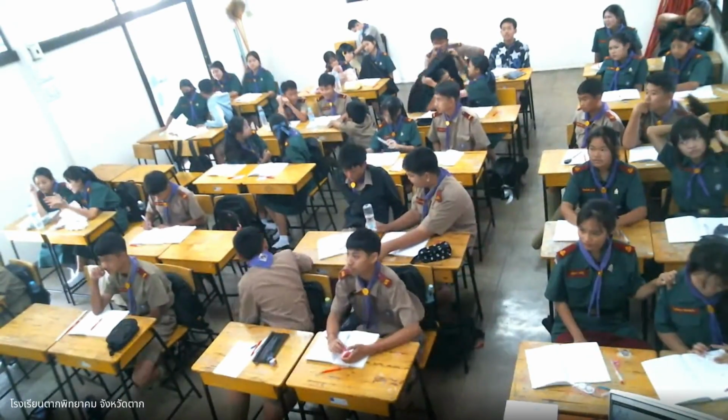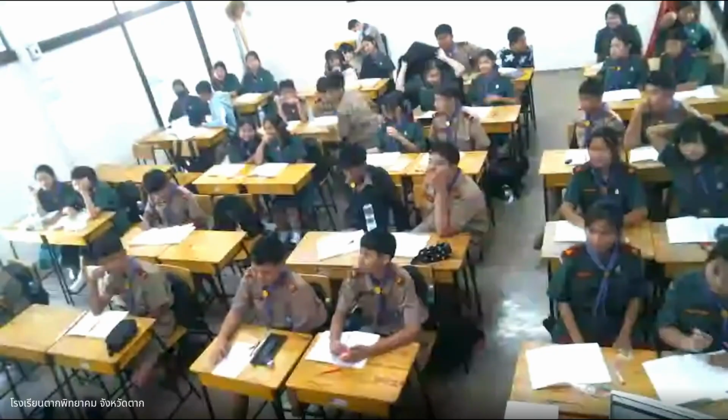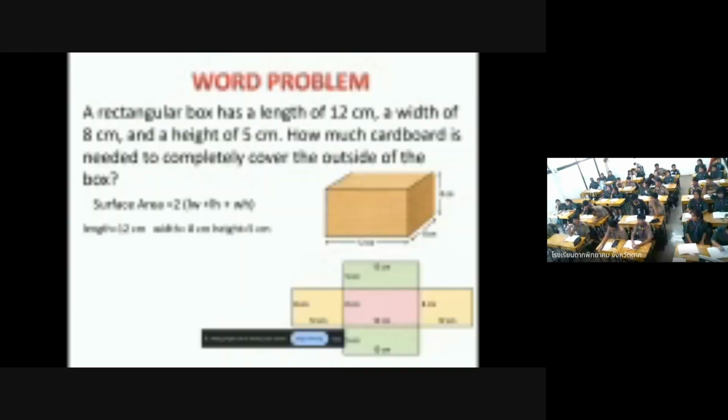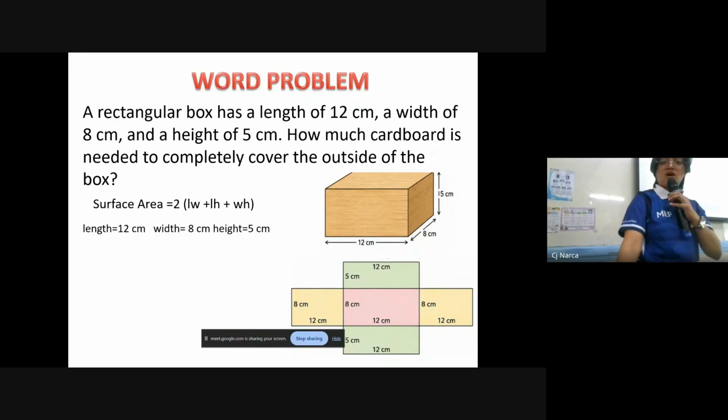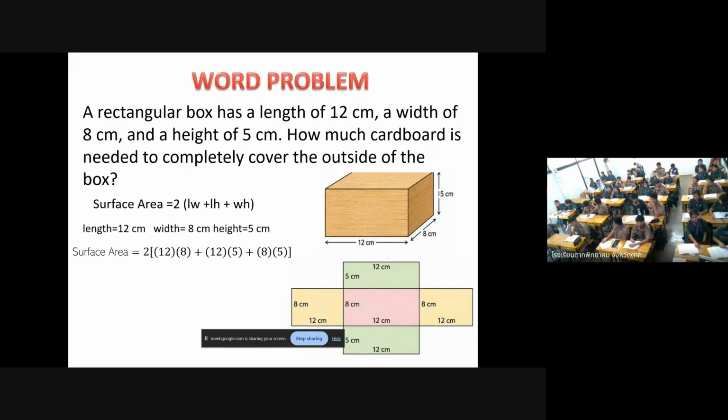Okay, let's go back to the word problem. As you can see, we just simply multiply.